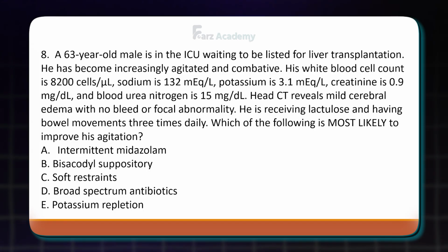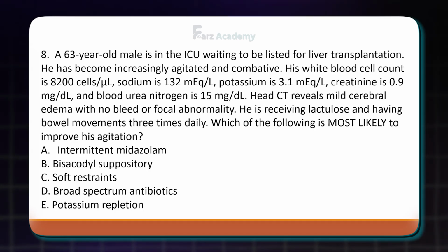So this patient is agitated. If you know why he is getting agitated and combative and what is going to improve his agitation, you get such complicated MCQs. E, someone has answered. Yeah. Anyone else? Anyone else wants to attempt this? D, broad spectrum antibiotics.